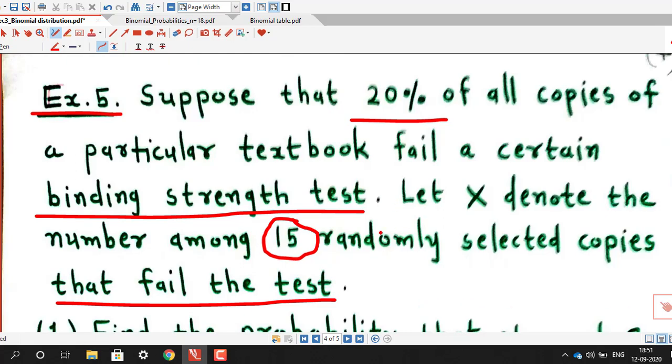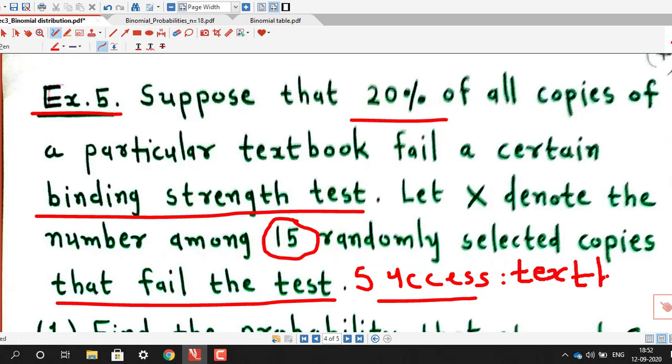So success is the event that we decide by the definition of the random variable. So we define success to be the event that a selected textbook fails the binding strength test, that is success.